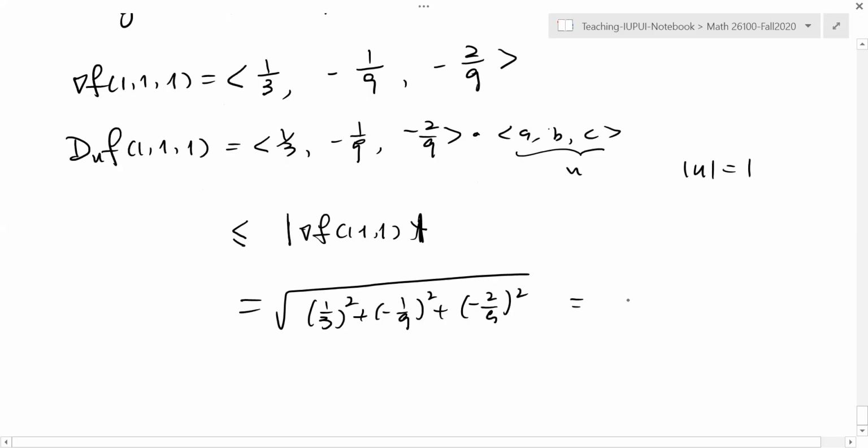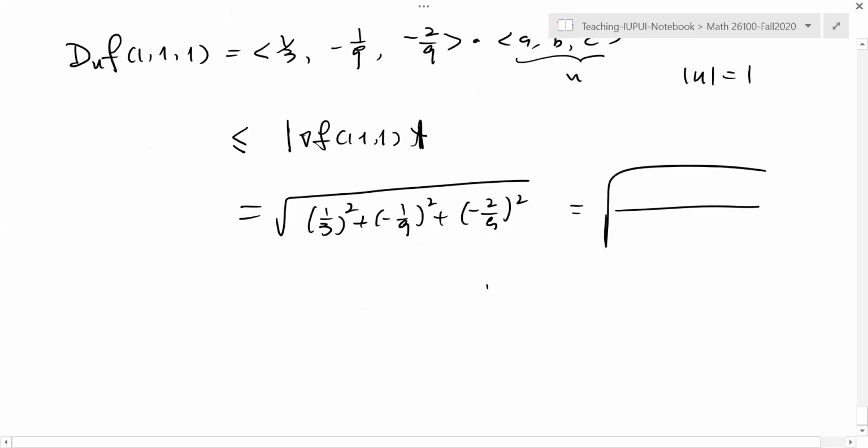So I think I can take a 9 out. 1 over 3 can be viewed as 3 over 9. So 3 squared, 1 squared, 2 squared, over 9 squared. You take a 9 out, and 9 plus 1 is 10, 10 plus 4 is square root of 14.